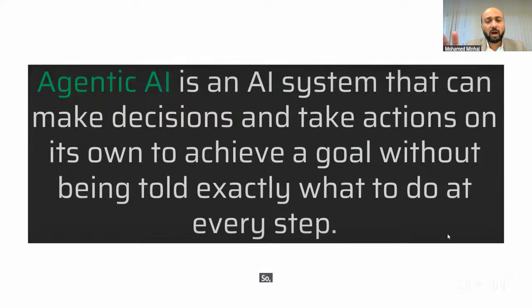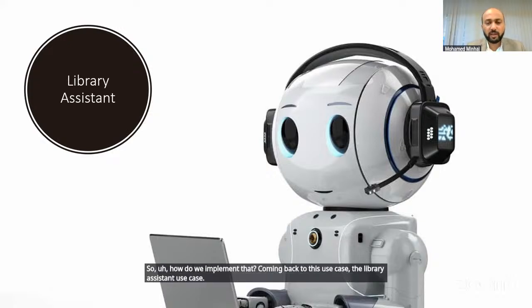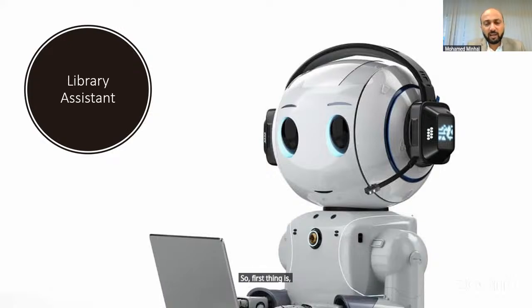So how do we implement that? Coming back to this use case, the library assistant use case. First thing is your existing library collections. For it to be used by the AI system, it needs to be made machine friendly, of course. If it is already in digital form, it's fine.